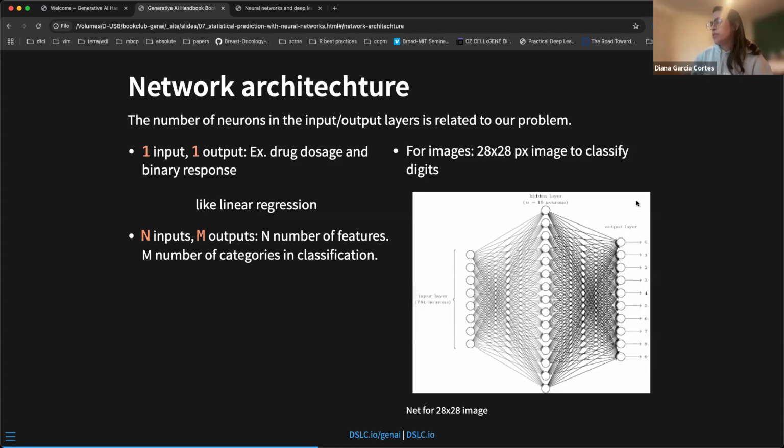And between our input and our output layer, we will have hidden layers. And I don't know if there is a good algorithm or a good logic behind how many hidden layers a neural network should have.